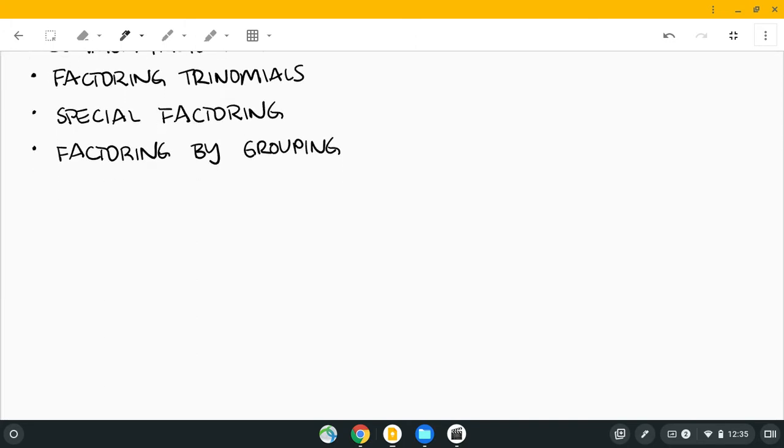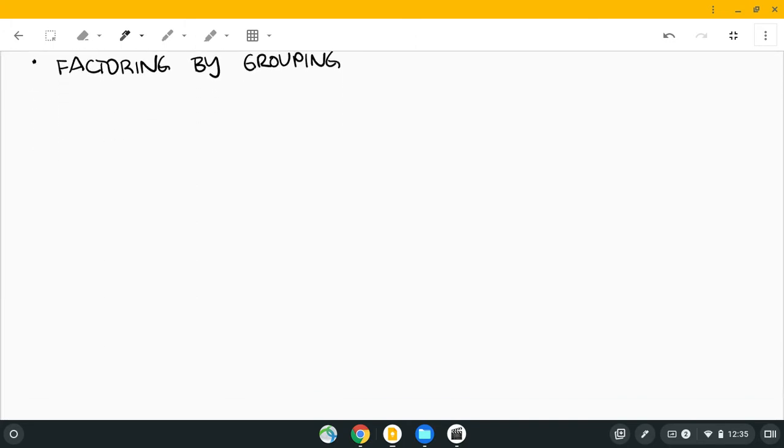Okay, so before we start looking at all of these different factoring methods, let's make sure you understand what it means to factor. When you see directions that say, okay, factor this problem, what they're really asking you to do is to rewrite it as a product, as a multiplication problem.